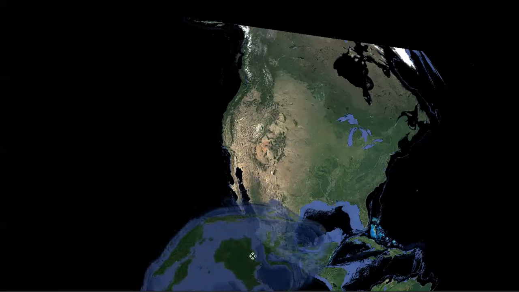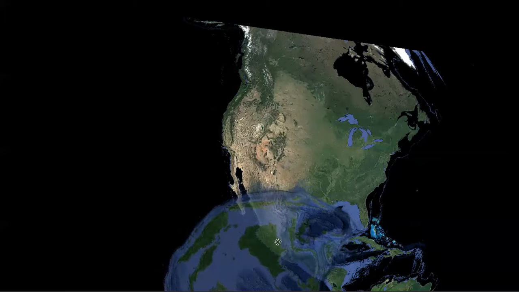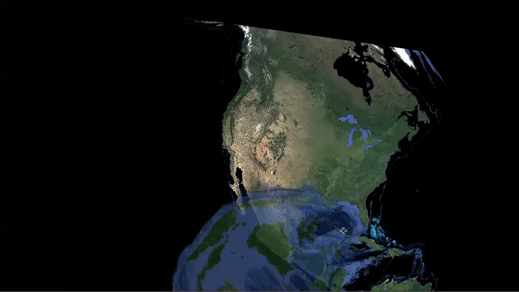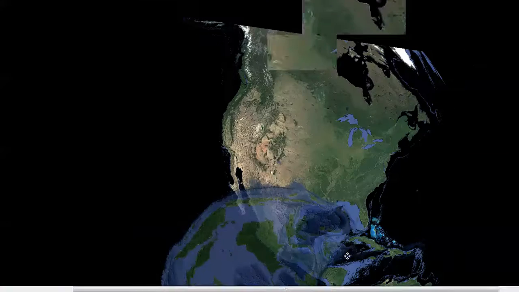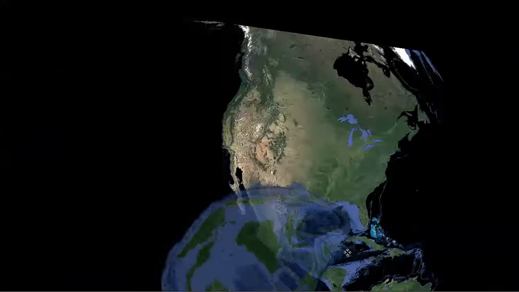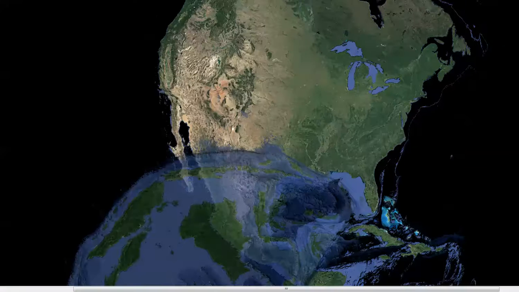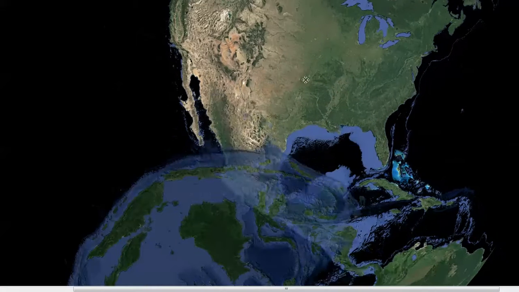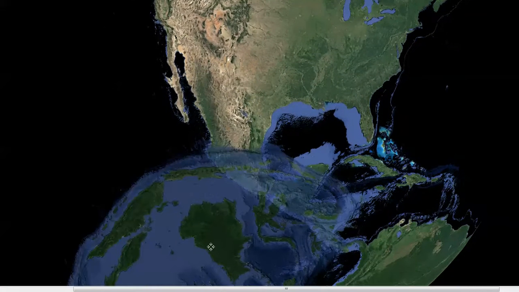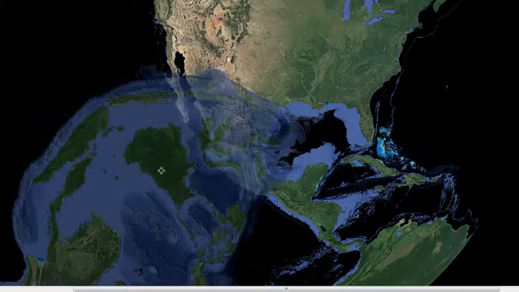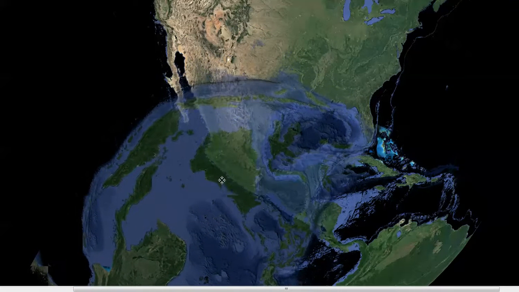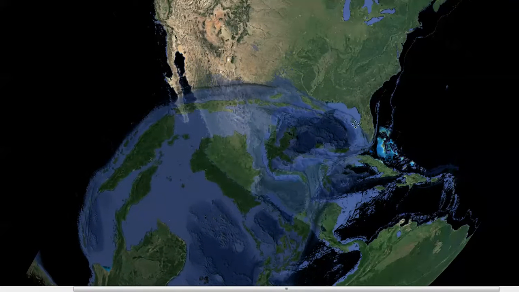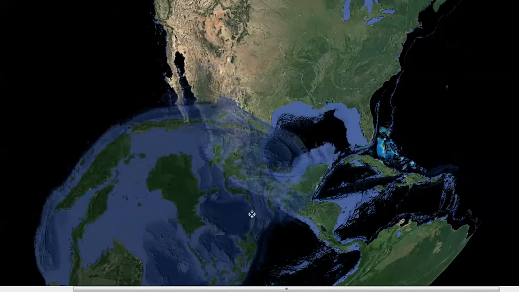See that? Look. Hold on, let me get a nice steady centered shot so there's no mistaking. That's what made the Gulf of Mexico.